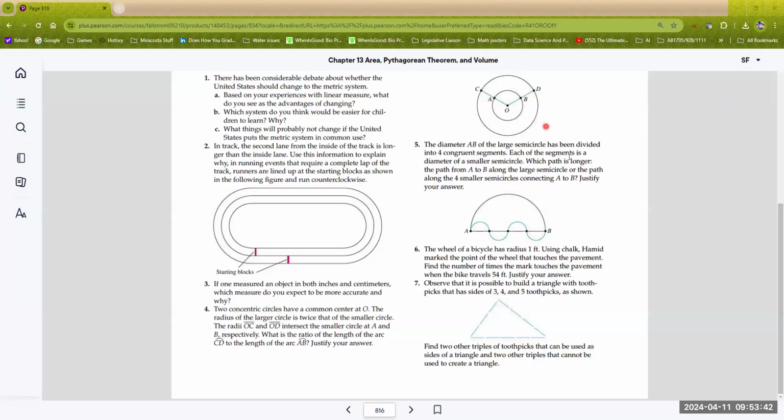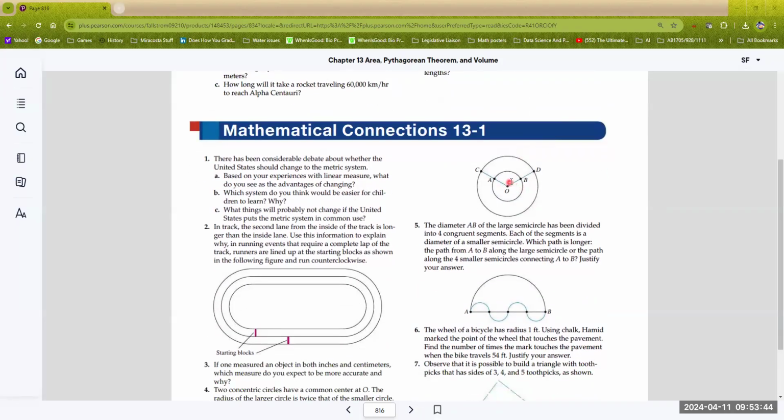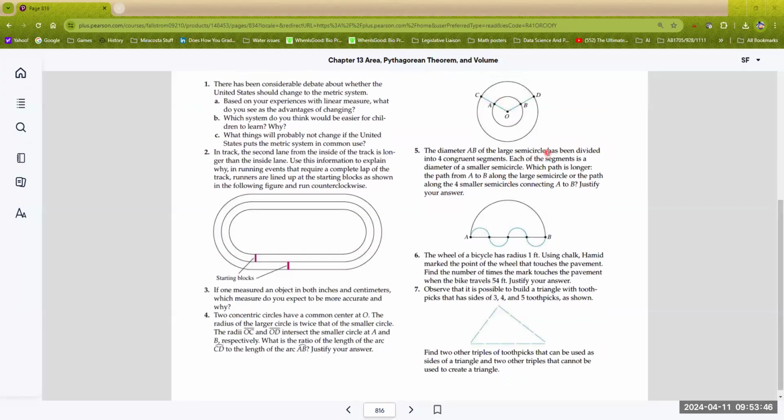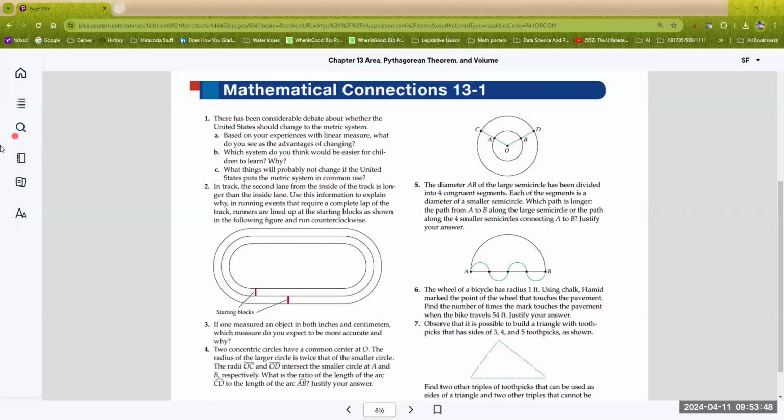Because the radius is twice as much, you could put some numbers in if you wanted to. Let's just say the inside circle had a radius of 1 and the outside circle had a radius of 2. Then the portion of the circle would be a fraction.